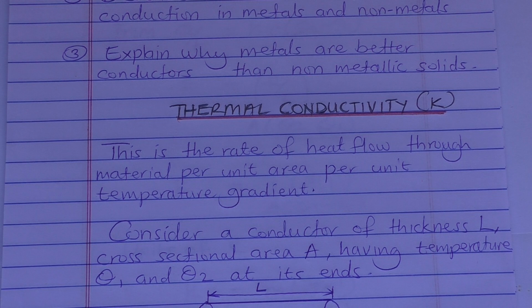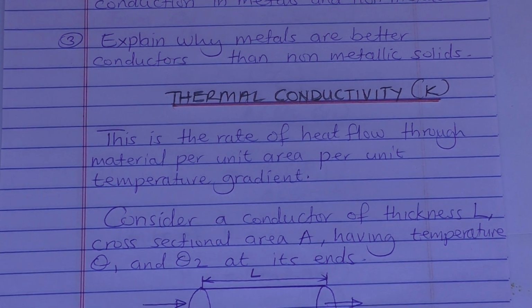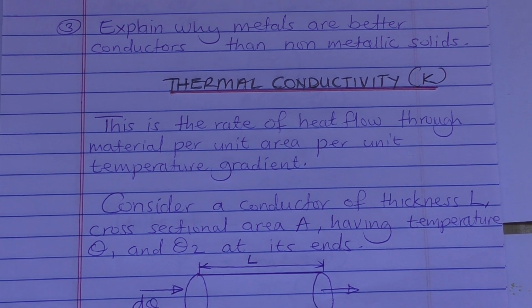But my question is, why is there still a difference between the rates of heat transfer in metals? The answer is thermoconductivity. For instance, if we compare copper and aluminium, copper is a better conductor than aluminium.